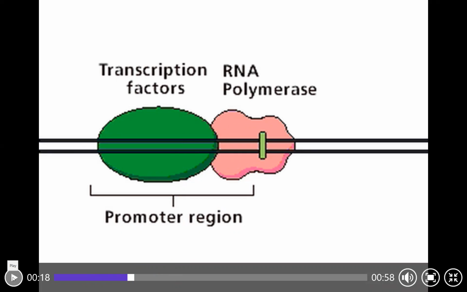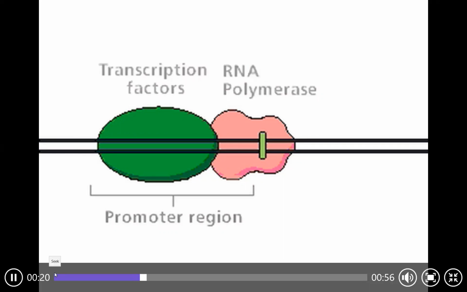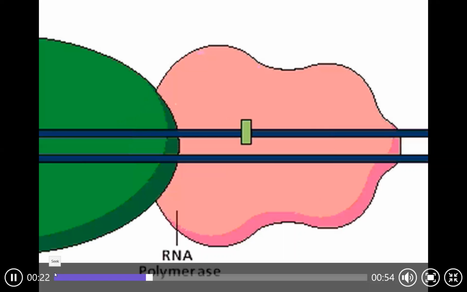Now it needs help, okay? So the transcription factors are other proteins that actually help RNA polymerase bind to DNA so that it can start its job of taking the DNA and transcribing it into RNA. And you're seeing that here.